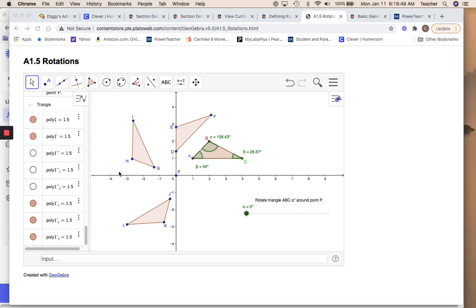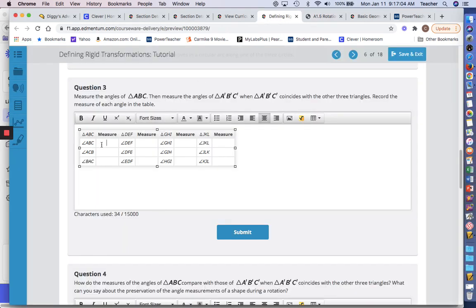Back to it. So 45 degrees, 108 basically, and 27 basically. B, again, that's the letter in the middle, so that was our 108. So E would be 108, H should be 108, K would be 108.